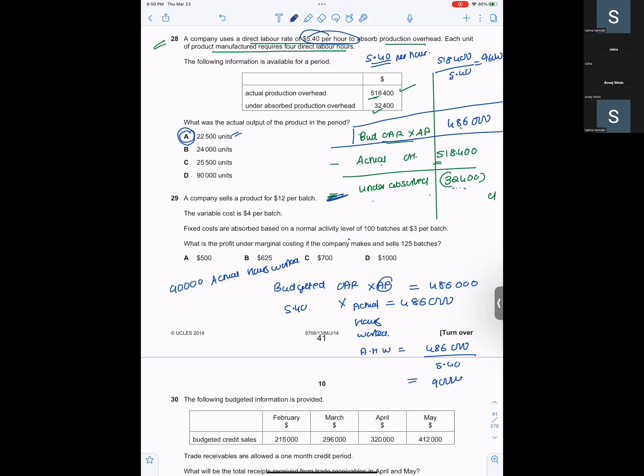So 1 unit requires some hours and I have worked for 90,000 hours. So in 90,000 hours, how many units did I produce? So 1 unit requires how many hours? 4.